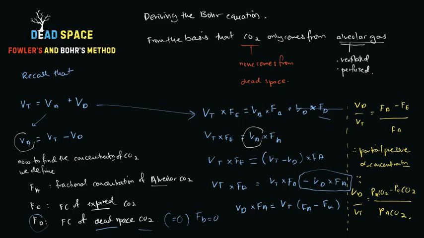Now, partial pressure is proportional to concentration. So we can write Fa as PaCO2, Fe as PeCO2, and we will get the Bohr equation. This can be confusing, so take your time, go through this equation again, replay this video, and I hope you'll get it.